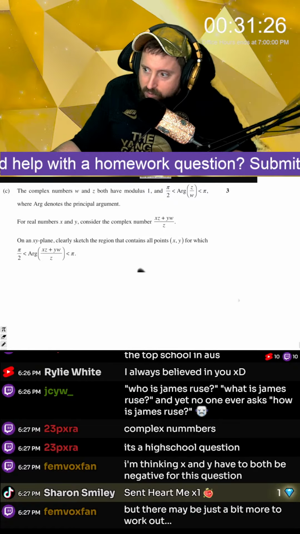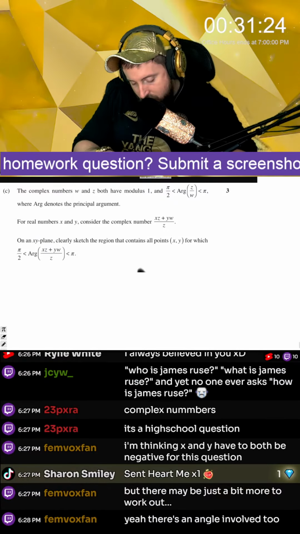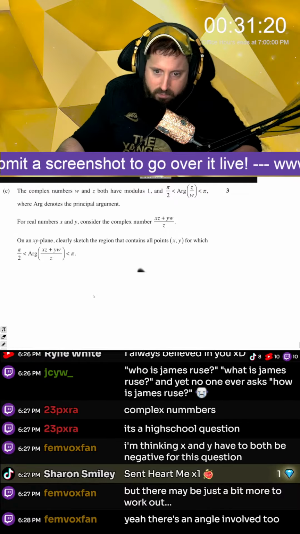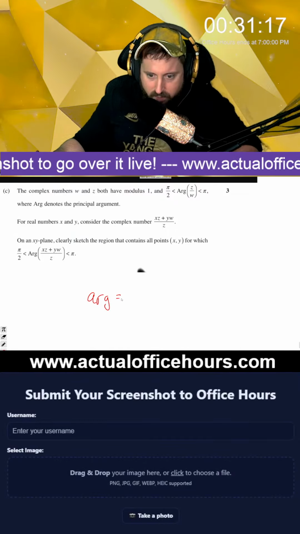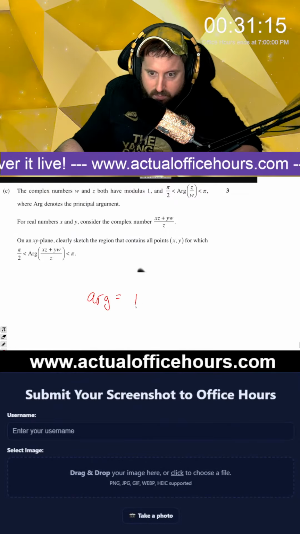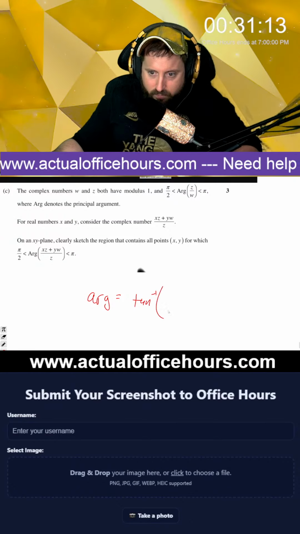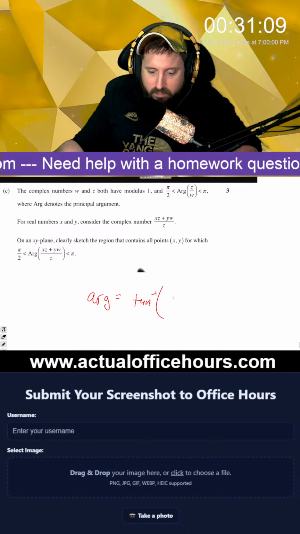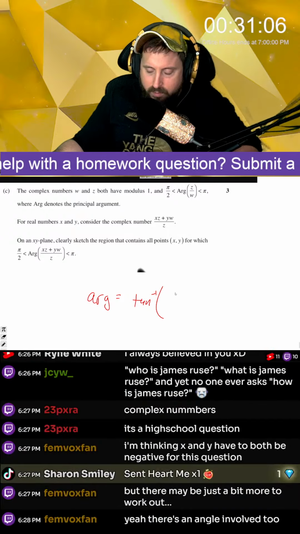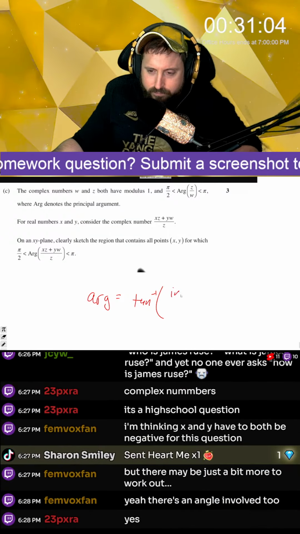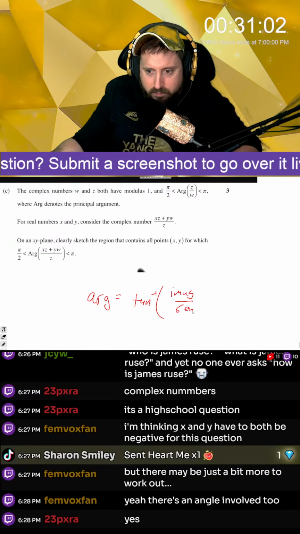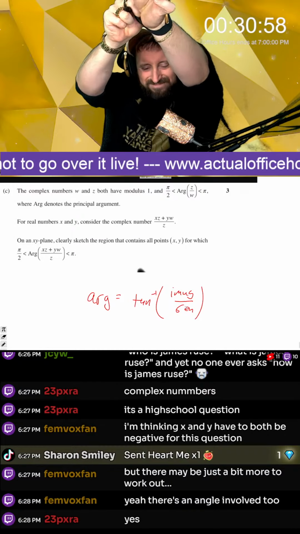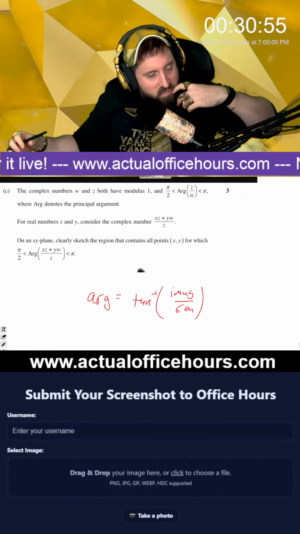I gotta remember what modulus and all this stuff is. There's an angle. Okay, so arg is usually the arctangent, right? Isn't arg equal to the arctangent of the imaginary over the real? Okay.